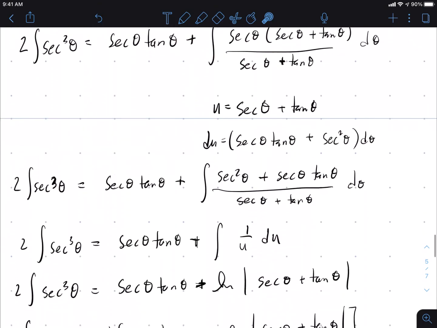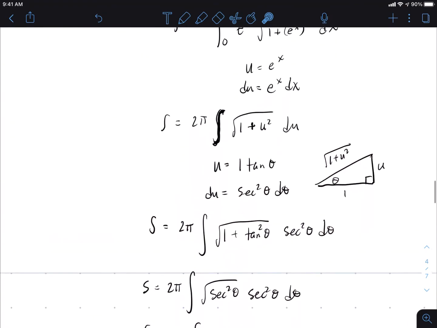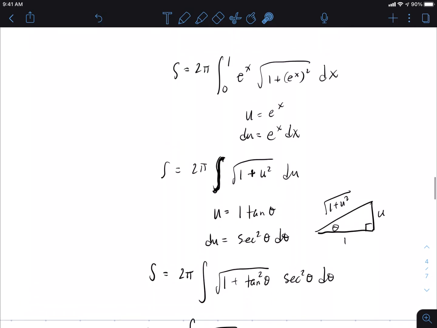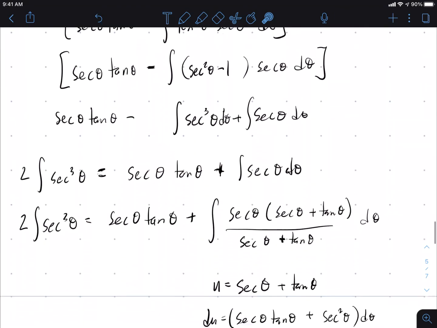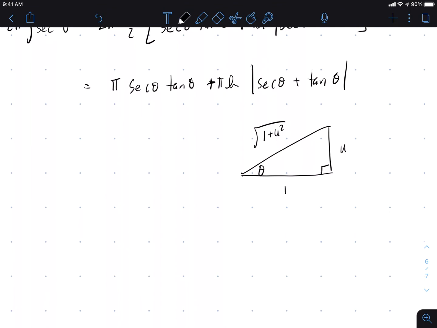So now, I need to put everything back in terms of u from the trig sub, so that then from the u, I can go back to in terms of x, in terms of the e to the x. So you see, there's an integral within an integral within an integral of this thing. So here we go. So now, it's going to be pi, what is secant theta?